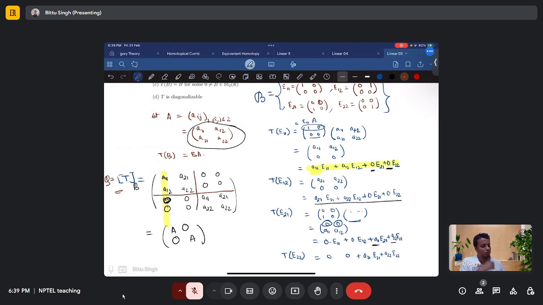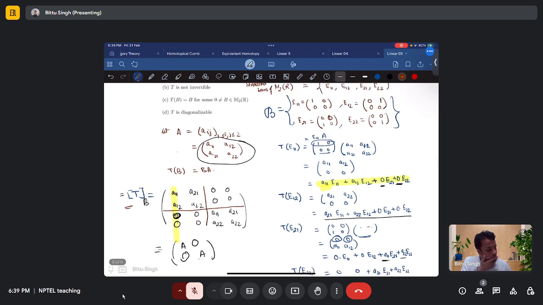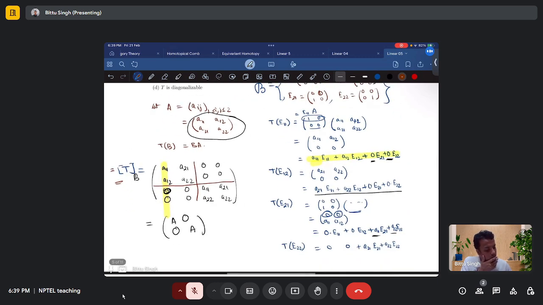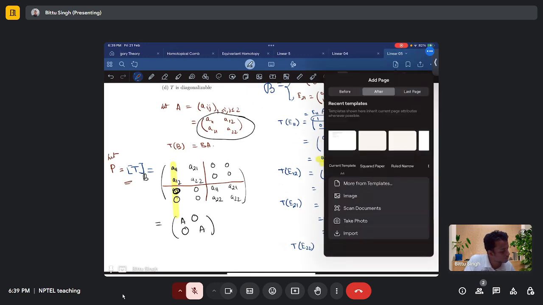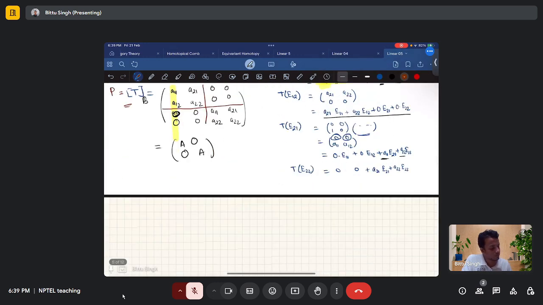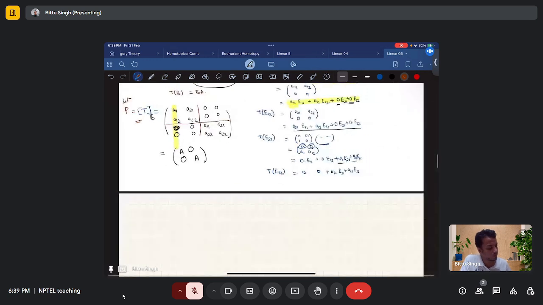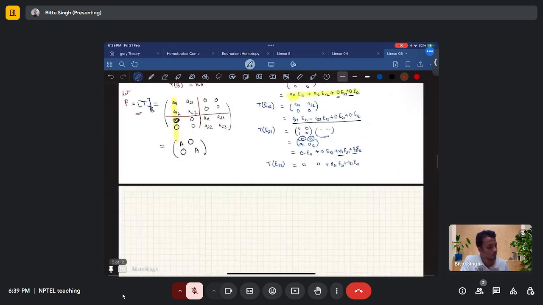Let me denote it by P, since A is already used. We need to find the eigenvalues of this P.